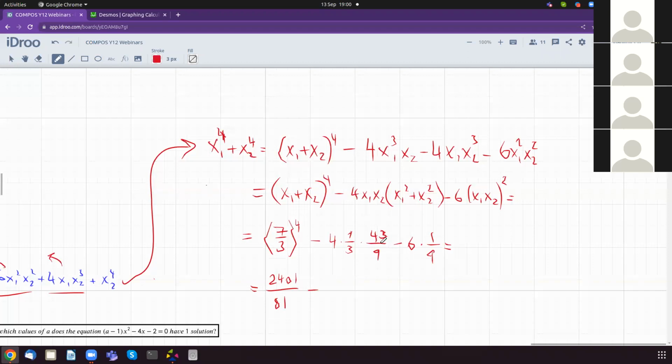Okay, so 4 times 43 is 172 over 3, so 172 over 27. And minus 6 over 9. So 6 over 9, I need it to be over 81, so it's going to be 6 times 9, so 54.